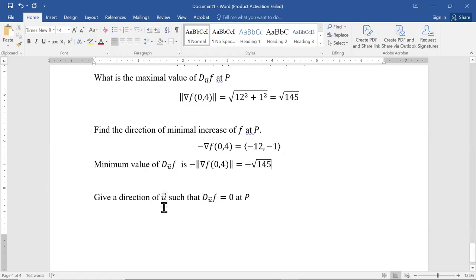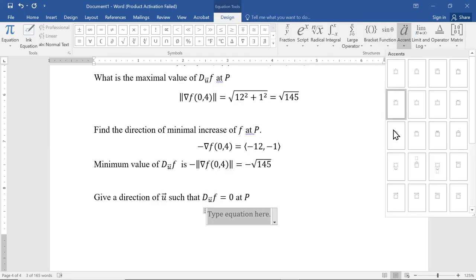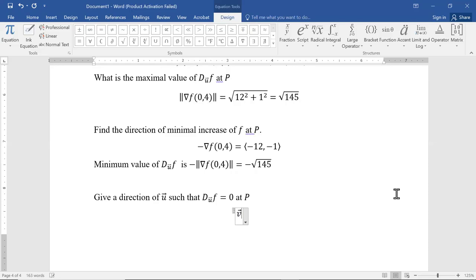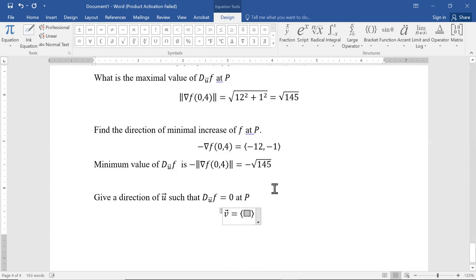Now, if I want a direction of a vector such that the directional derivative is 0 at P, all I have to do is take some vector. I'm going to use v instead, just so I don't get it confused with the unit vector. So I'll go with my vector v. Well, maximum happens at the gradient, so I want something that's orthogonal to that.